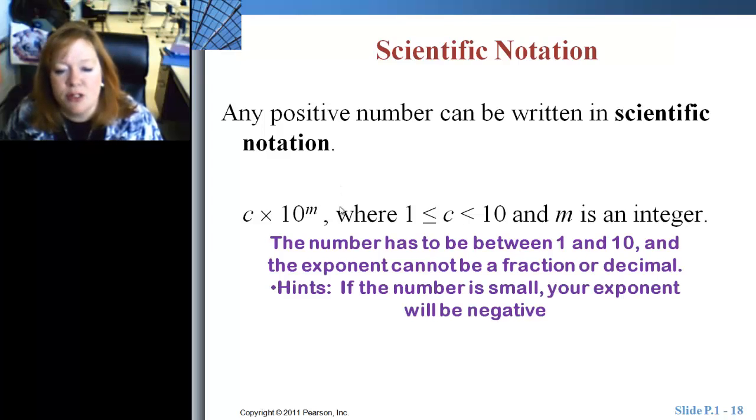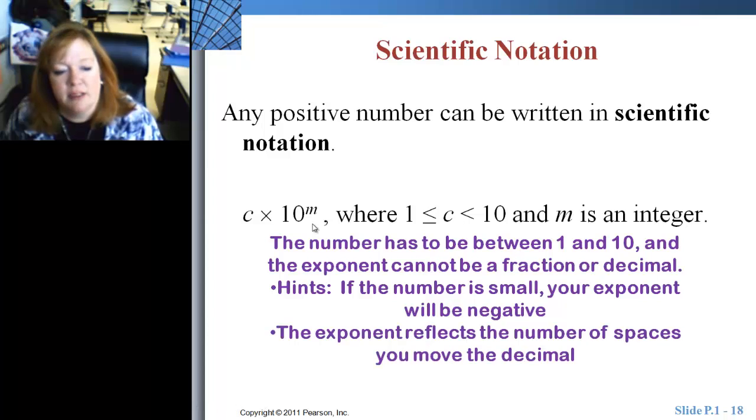If the number is small, your exponent's going to be negative. So if you have something like 0.0000000000000000587, then when you multiply, the power on the 10 here is going to be a negative. The exponent reflects the number of spaces you move the decimal from your original number.